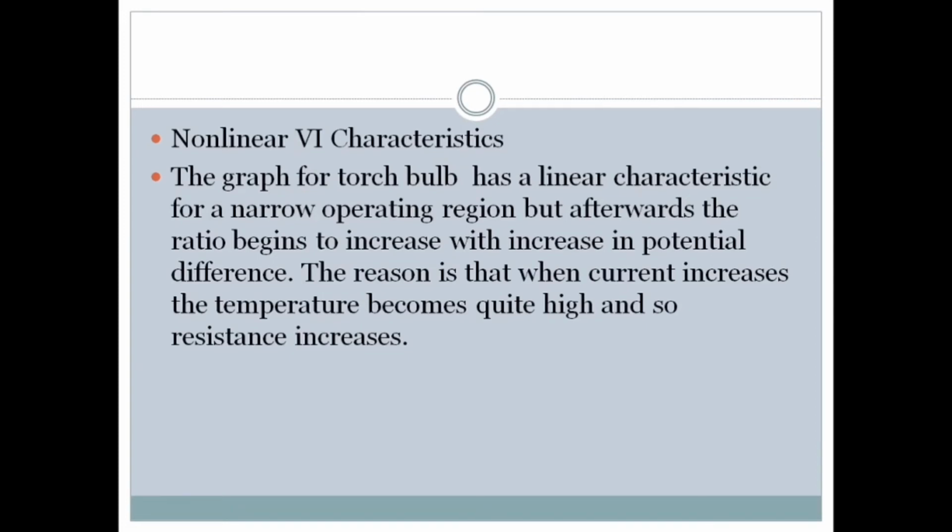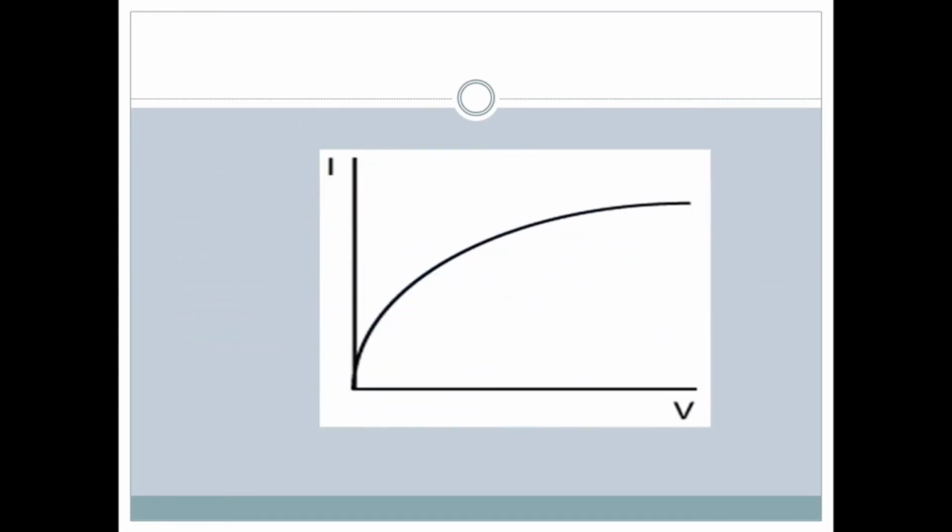The reason is that when current increases, the temperature becomes quite high and so the resistance increases. This is the IV graph for a torch bulb.